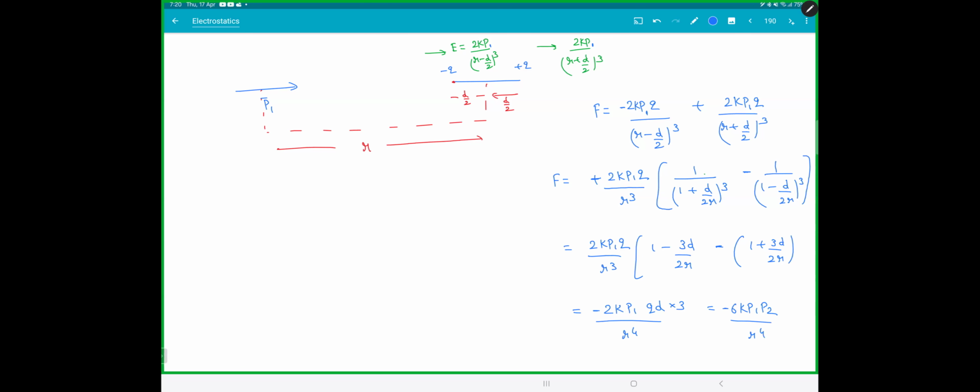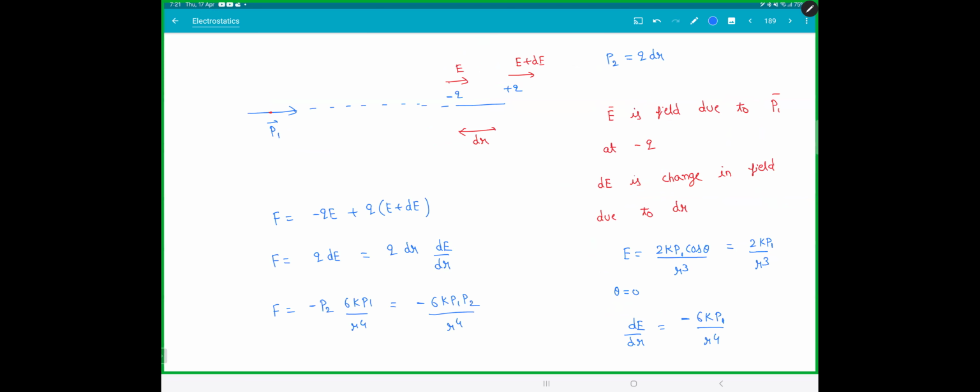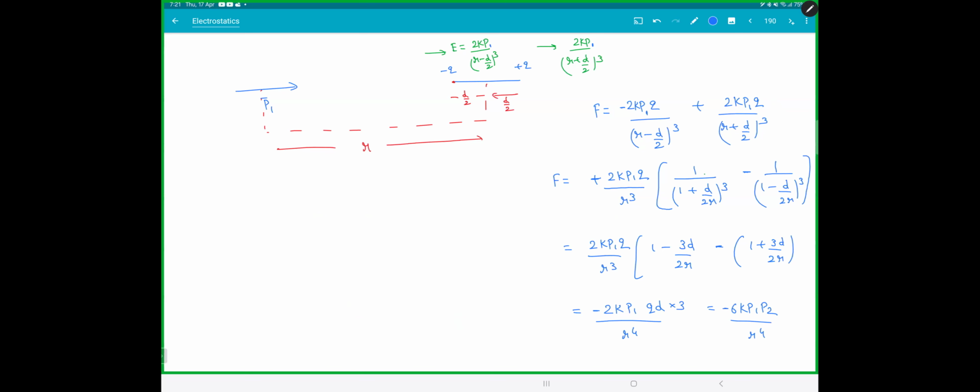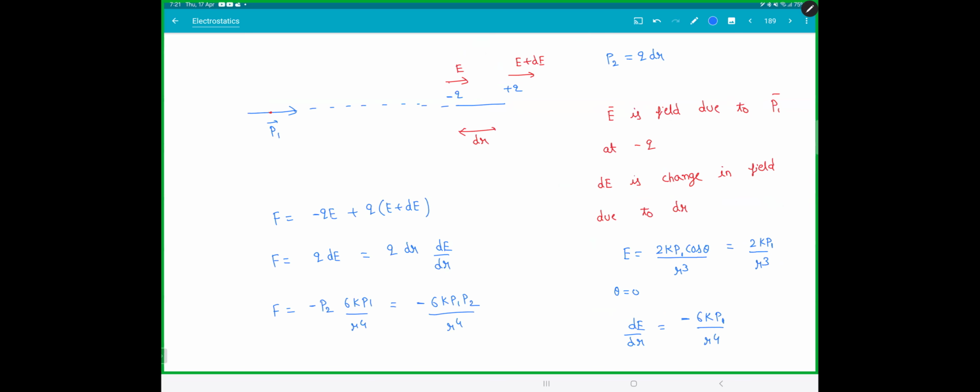In this case, there is no differentiation. This is also a way to do. This is a little easier. You're getting what we did? So end of the day, the moment you say binomial approximation, you're talking about very small things, and that is as good as differentiation. So you see whichever method you like. This is something I prefer.